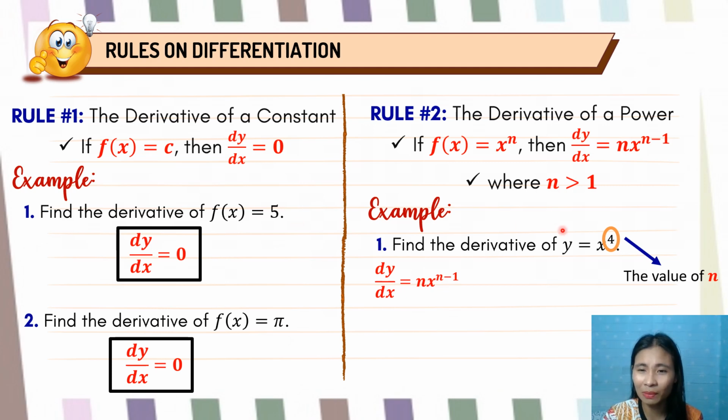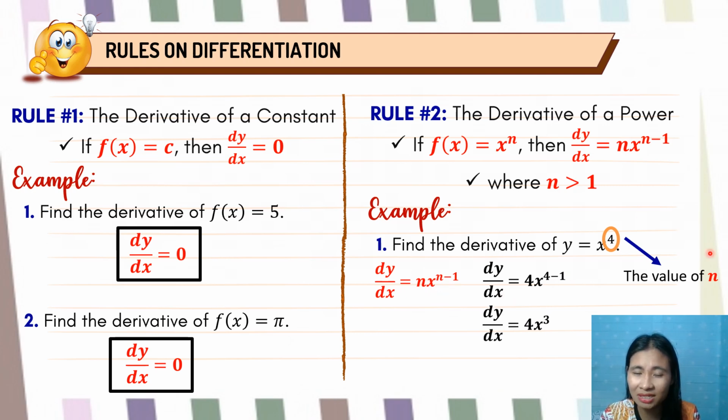Since n is equal to 4, we substitute 4 in the equation. So this expression is now equal to 4x exponent 4 minus 1. We substitute n with 4, so n minus 1 makes it 4 minus 1. Which means dy over dx is equal to 4x cubed.